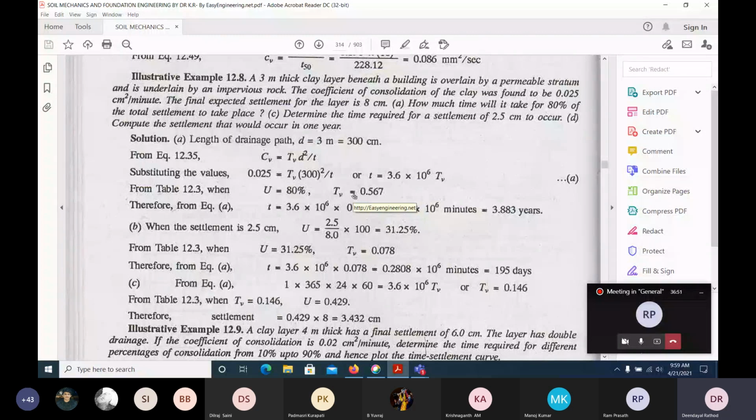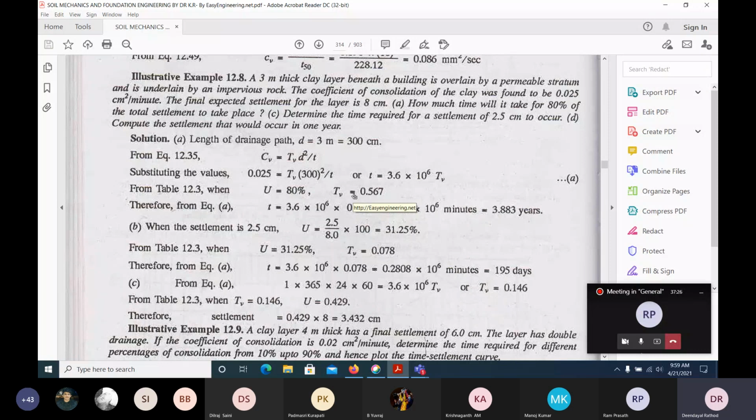That means some sand is there over it. And it is underlain by an impervious rock. That means one side is closed. The coefficient of consolidation for the clay was found to be CV, 0.025 centimeter square per minute. The final expected settlement for the layer is 8 centimeter.